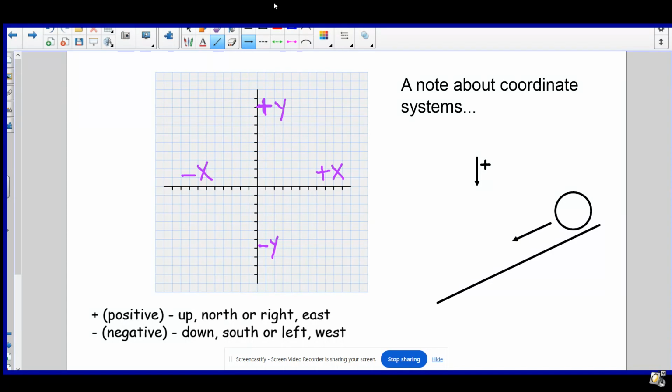So it might make sense for me to tilt my coordinate system so that the positive direction is down the ramp. Again, I would want to say that explicitly or just make a little mark on my paper. Otherwise, if it's not stated explicitly, your grader is going to assume that up and right are positive and down and left are negative.